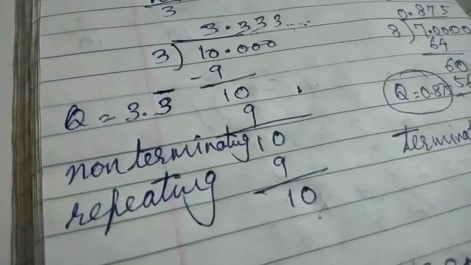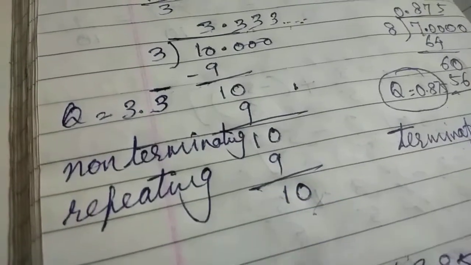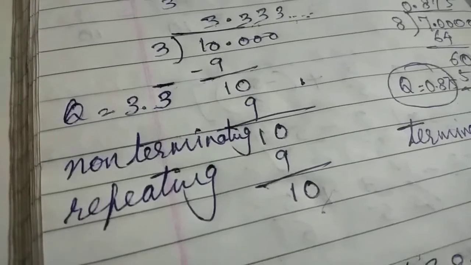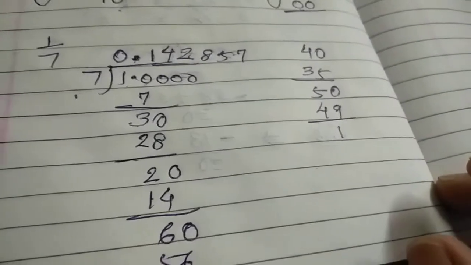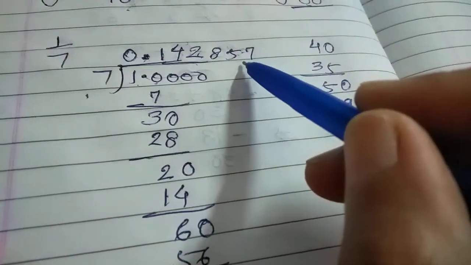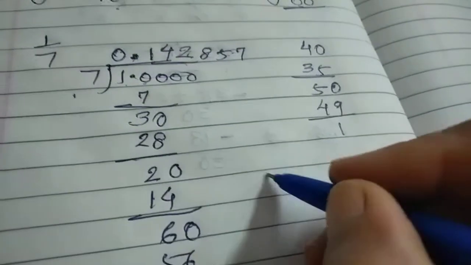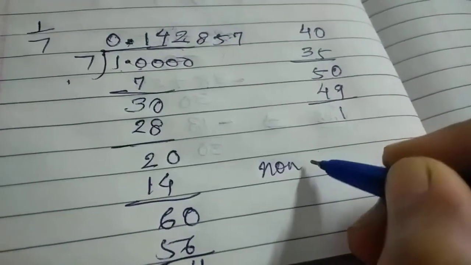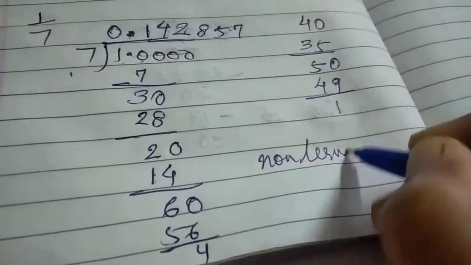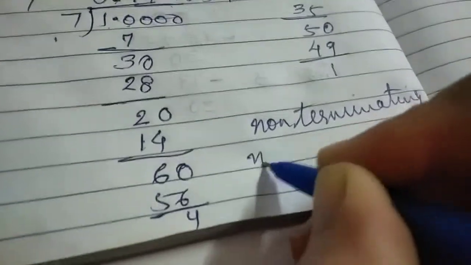It will be continuously going on, and it will be repeated. Okay, it will be repeated also. Now here when we come, what we see, the division is not finished, but the numbers are not repeated also. So it is simply non-terminating, non-repeating.